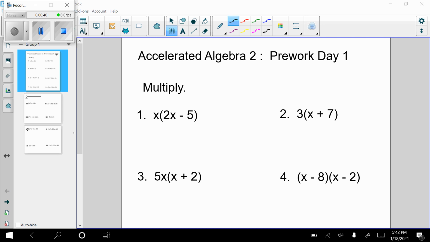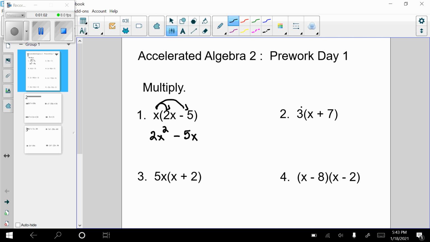All right, so when you multiply expressions such as this first one, you use the distributive property. So I need to distribute x in there, and I have 2x times x, which is 2x squared. And then don't forget my minus sign, and then 5 times x is 5x.